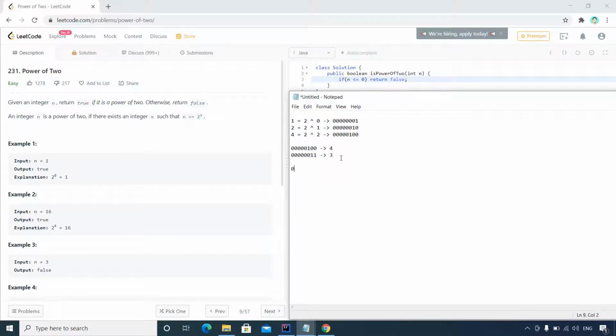It doesn't matter which number we choose, if we subtract 1, it will be something like this. So it's 1, 2, 4, 8, it will be 8, and it will be 7. How can this help us? If we apply the AND operator to this number and this number, we will always get 0 0 0 0.